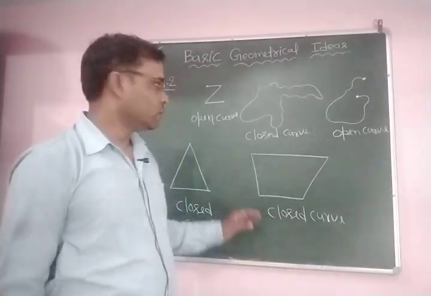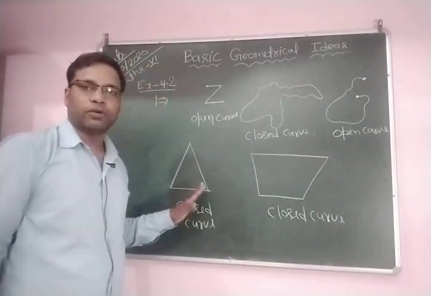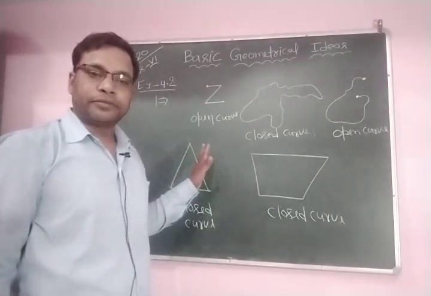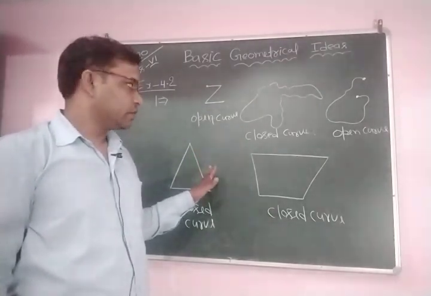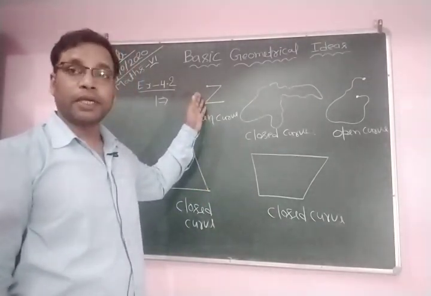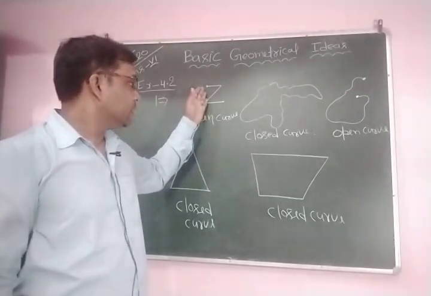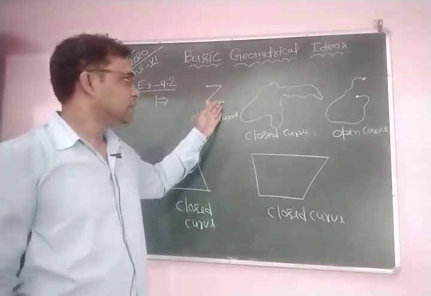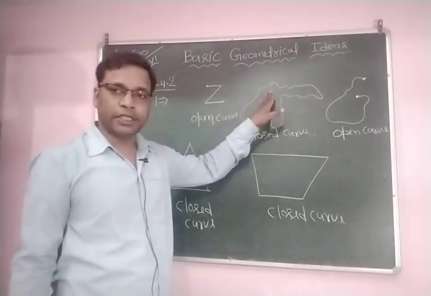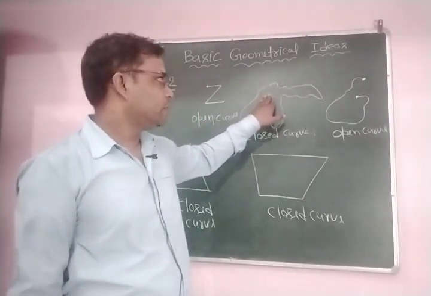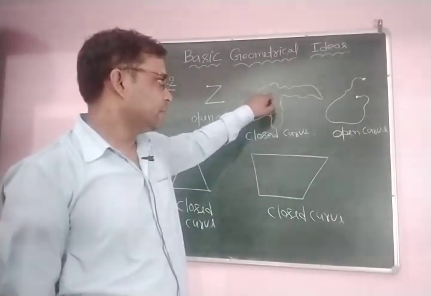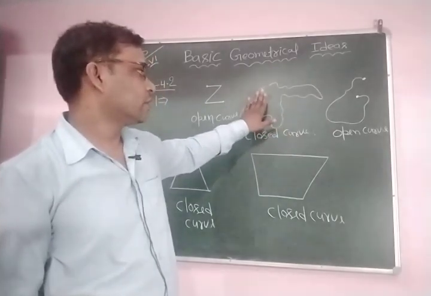Now, I hope all have understood this question, and you are able to recognize the open curve and the closed curve. This is an open curve because its initial point and end point are at different places. In this curve, its initial point and end point are at the same place. So this is a closed curve.